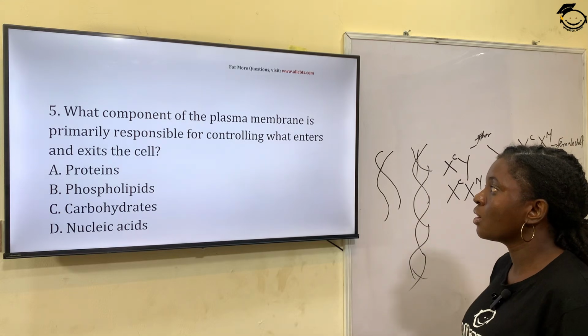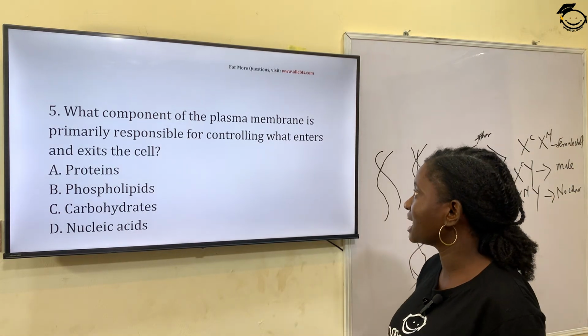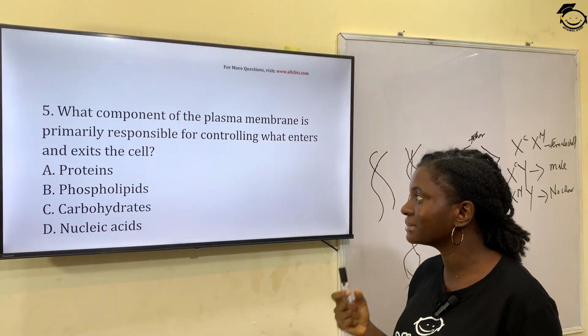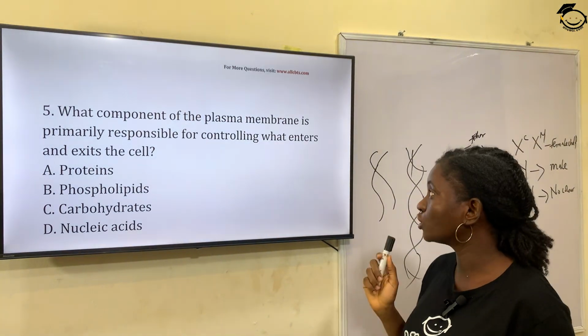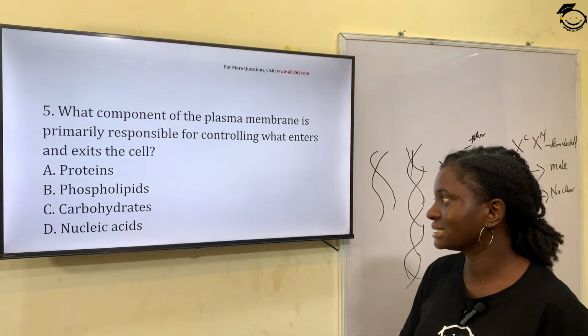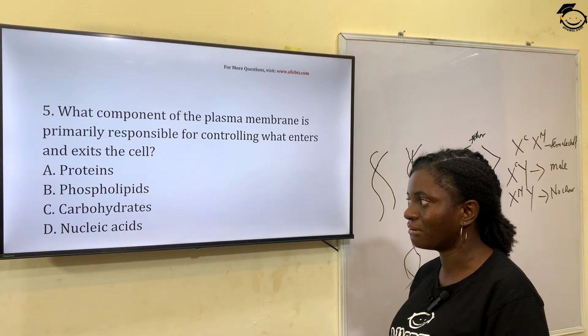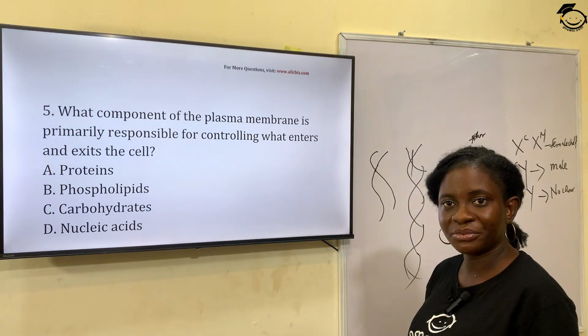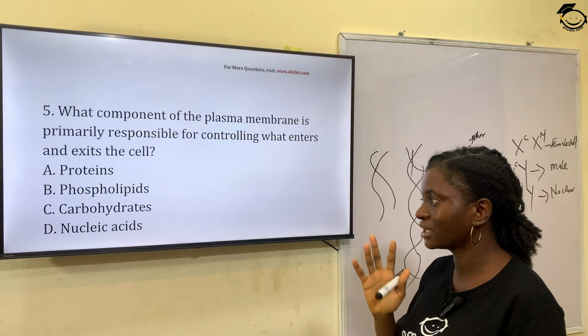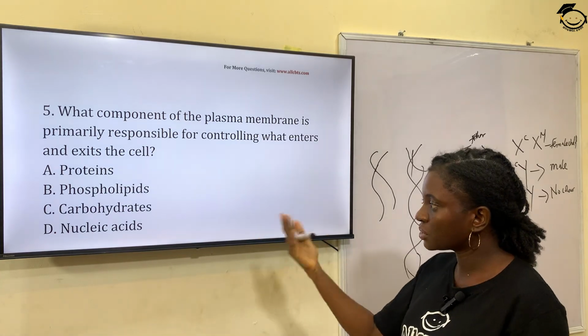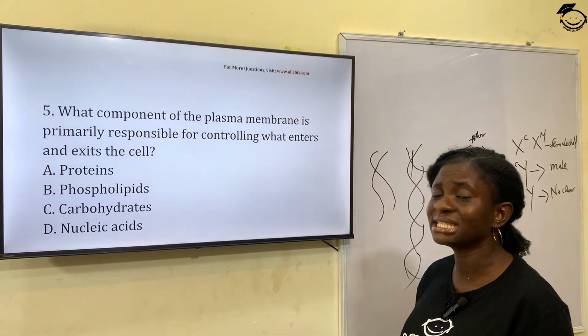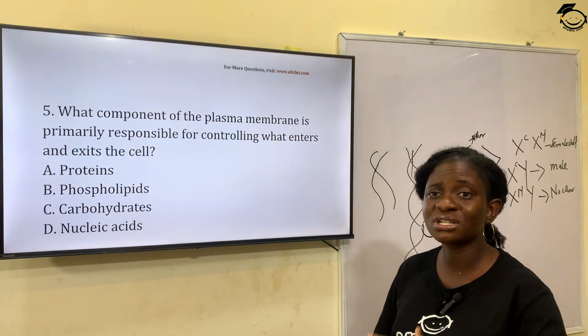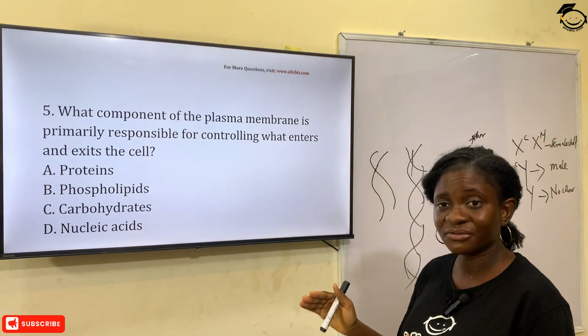Question 5. What component of the plasma membrane is primarily responsible for controlling what enters and exits the cell? So the plasma membrane, the cell membrane, has different components. We have the protein, phospholipid, carbohydrates, which also have their specific roles.